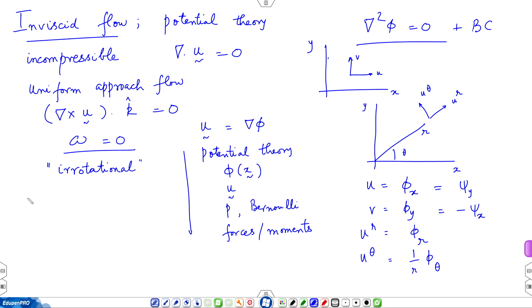Phi is a potential because derivative of phi is velocity. So, phi is called velocity potential, and psi is the stream function.